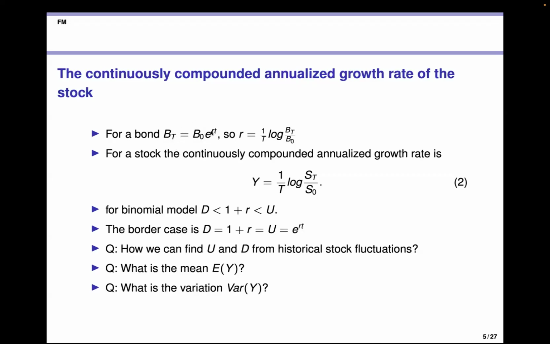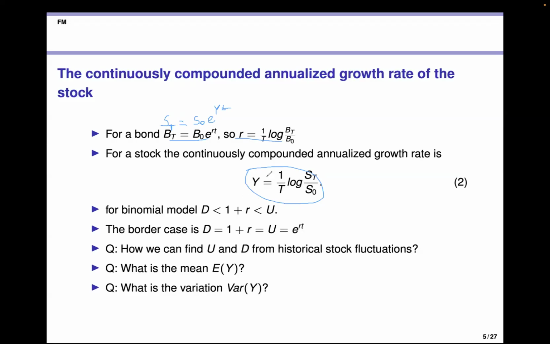If we write this formula, but instead of BT write ST, like ST equals S0 multiplied by e to the power YT, and if we find Y, it is the same. Y equals this. It is like the logarithmic interest rate from lecture 2.